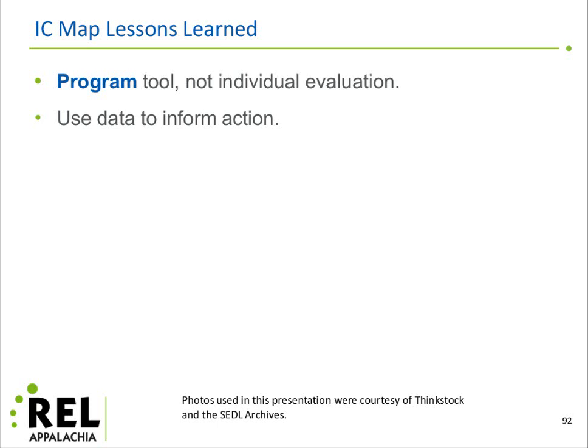Any other thoughts, Dale? I just remembered what I was going to say a minute ago. The nice thing about the Innovation Configuration Map is that it really respects the developmental nature of change. When people are initially trained in the implementation of a new program, oftentimes the expectation is that the next day when they're rolling it out in the classroom, they're rolling it out at 100%, that all the aspects are going to be implemented, and that's just not realistic.